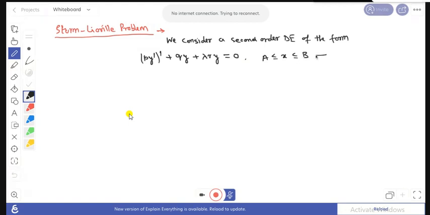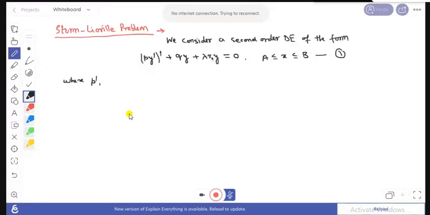Okay, so suppose this is equation 1. If you differentiate that, d/dx of that, we get p prime here. Here p, q and r are functions of x.